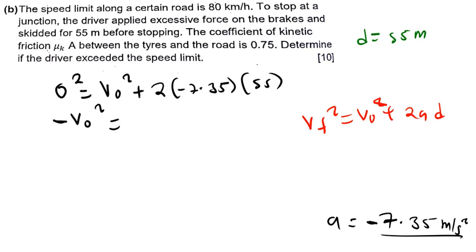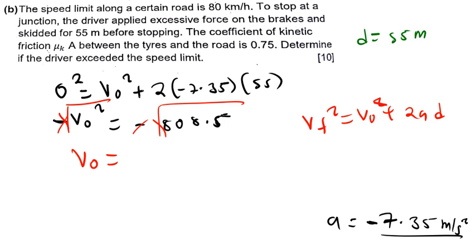Okay, I'm getting negative 808.5. Negative and negative can go, so we can square root then. So v initial will be equal to the square root of 808.5.